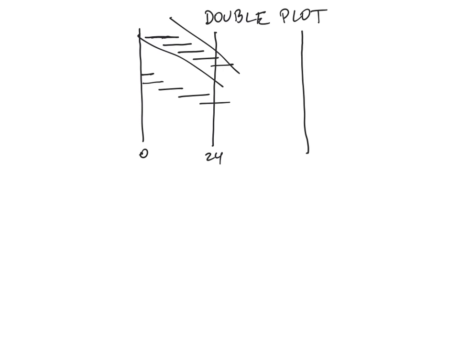So there's now 48 hours. Okay, so day 1, day 2. And what you do is you plot the activity of day 1, and then this would be day 2, you plot the activity of day 2, which would be a little bit later.